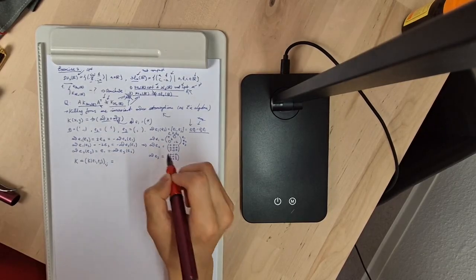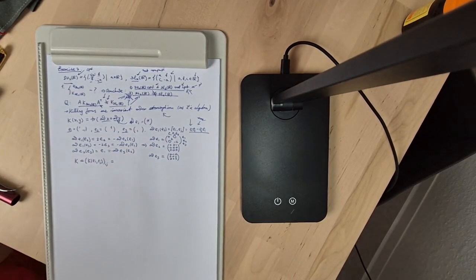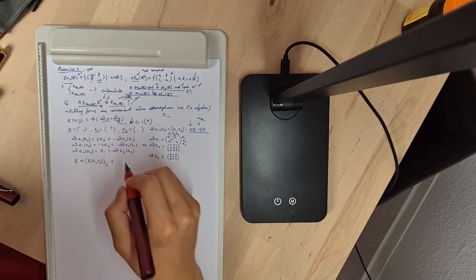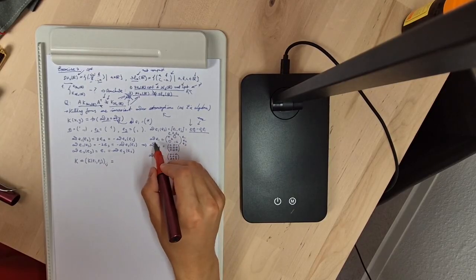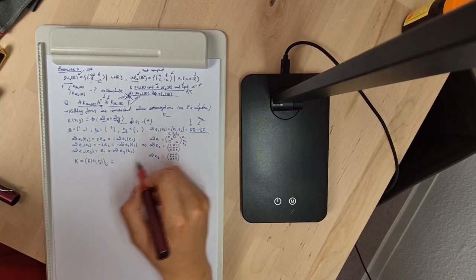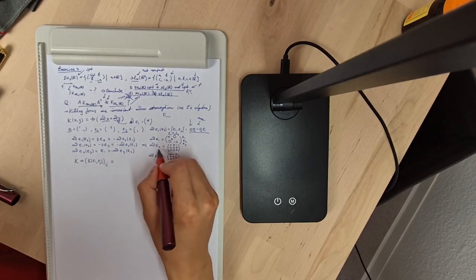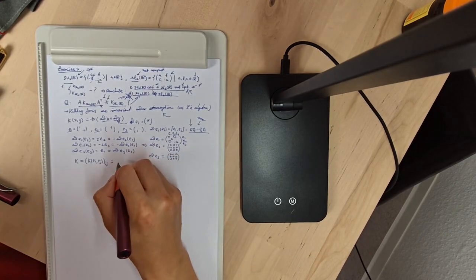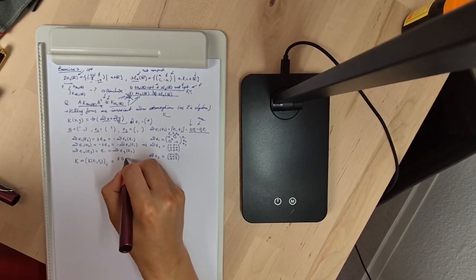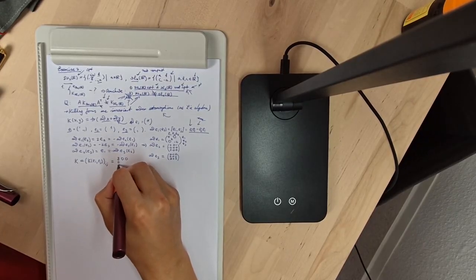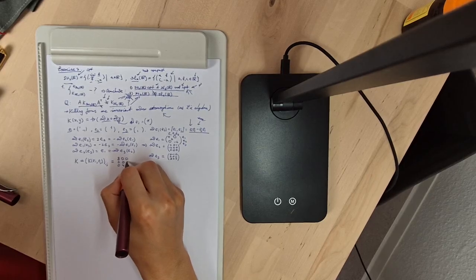And I just ran a Python script that does the matrix multiplication and computes the trace to get 8, 0, 0, 0, 0, 4, 0, 4, 0.